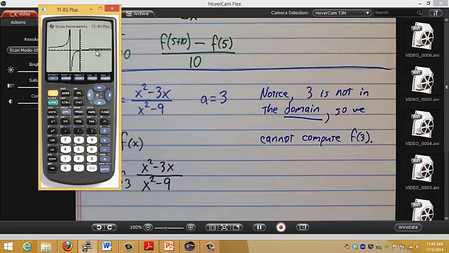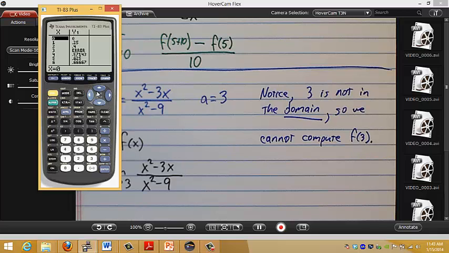Some of you are going to try doing the calculate feature that I did earlier, and you'll see it doesn't work. But let me do this, though. Another feature that we have is called the table. And I believe that's right above where it says graph. See it says table there? Let's go ahead and write second graph here. So I'm going to get a table generated. And sure enough, I can compute f of 0, I can compute f of 1, right? You know what this looks like?